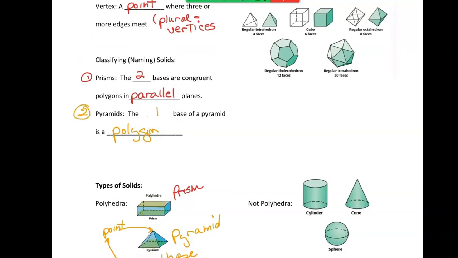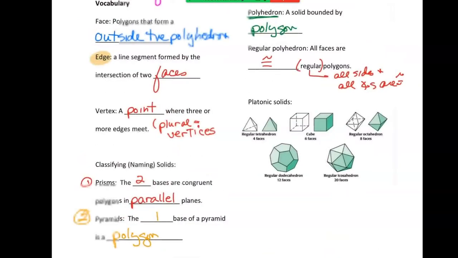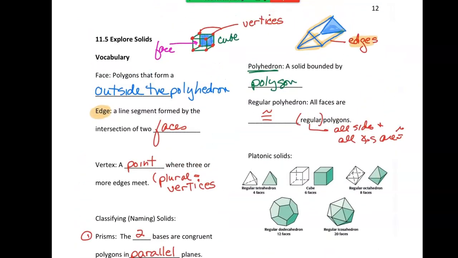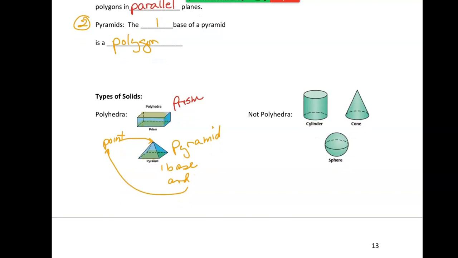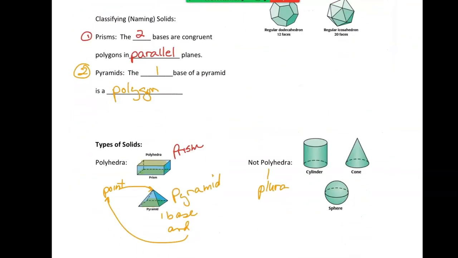I know a little bit about these shapes, but I don't know how to rule out other shapes. So what makes something not a polyhedra? Polyhedron is the singular, this is the plural. So what makes it not, in the case, a polyhedron?